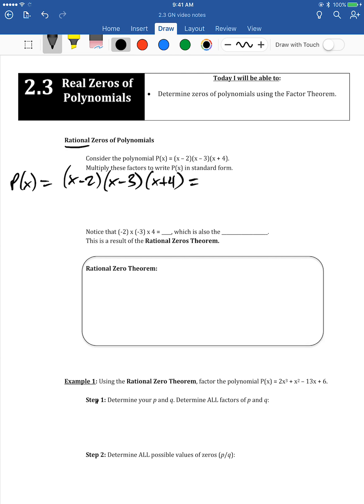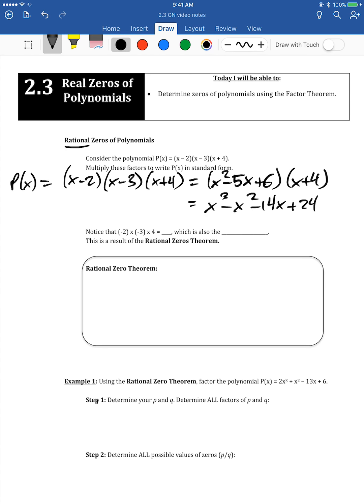In the interest of time, x squared minus 5x plus 6 times x plus 4. And then again, we all know how to multiply, box method or distributing. In the interest of time, I'll go ahead and skip to the answer, x cubed minus x squared minus 14x plus 24.